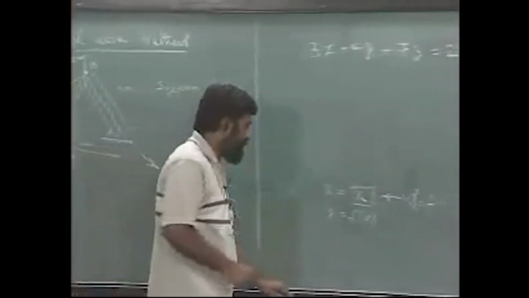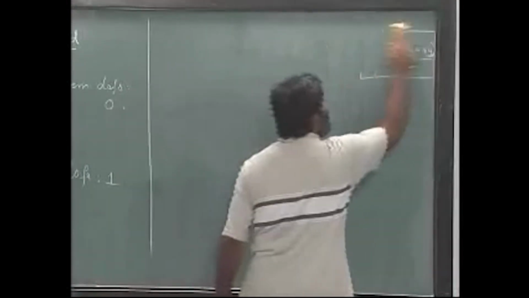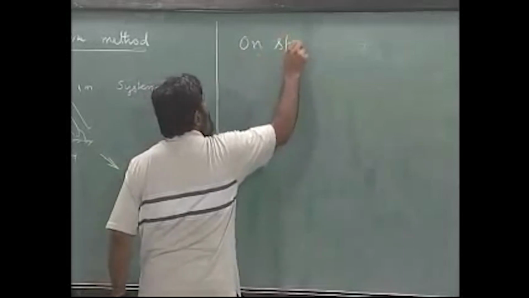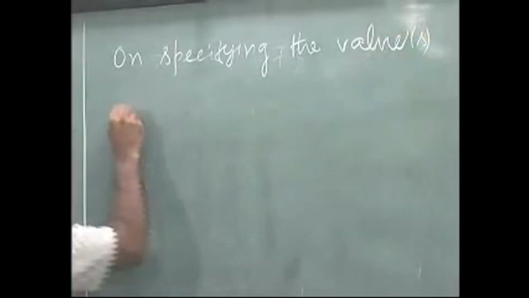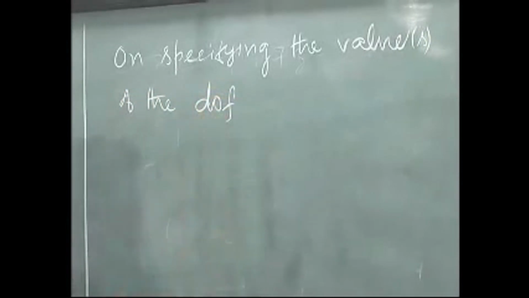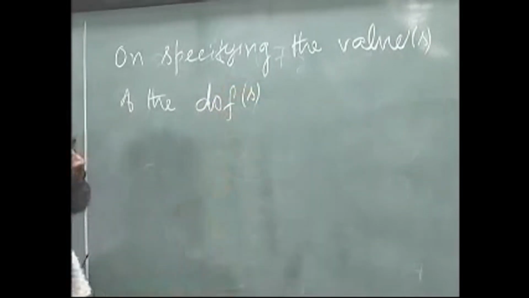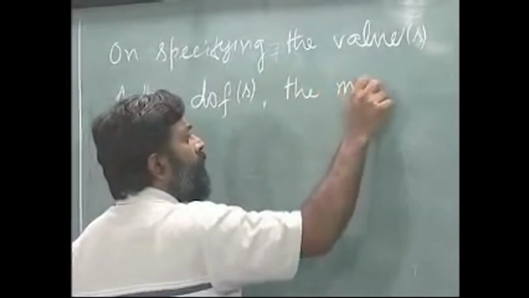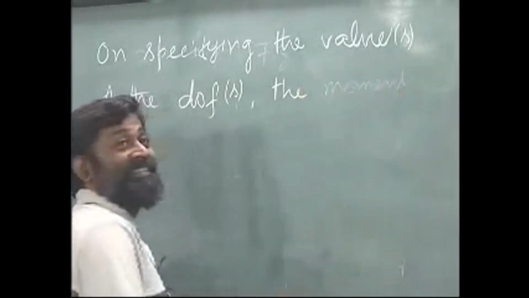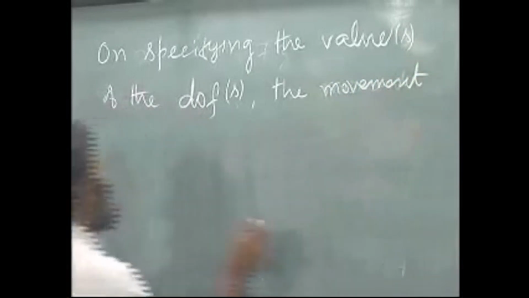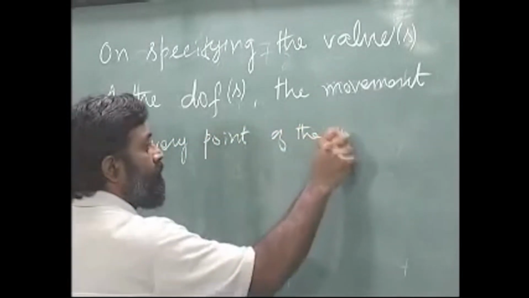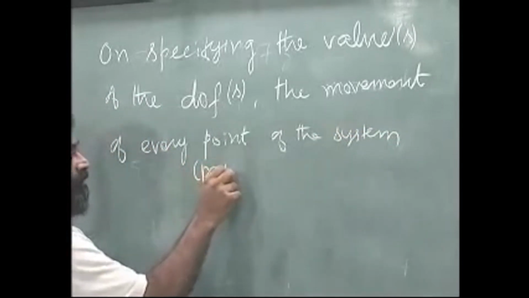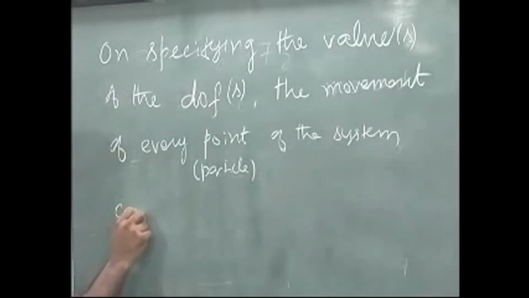Let me write it down so that it is easy. On specifying the value or values of the degrees of freedom (DOF is a short form), the movement, sorry, moment is different from movement, of every point, I can also write this as particle, of the system can be determined.